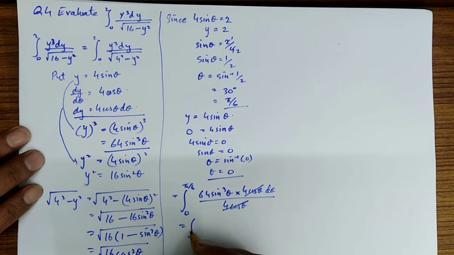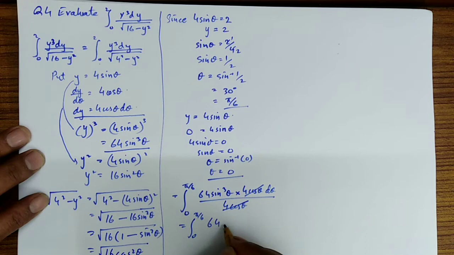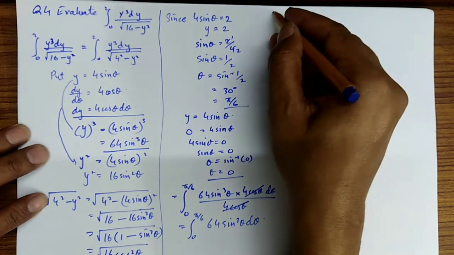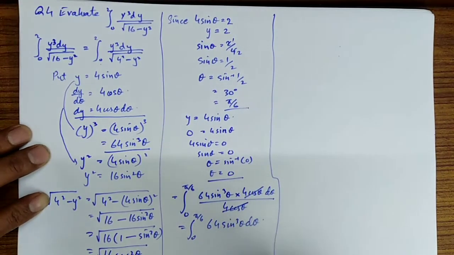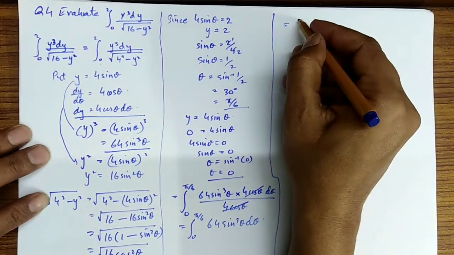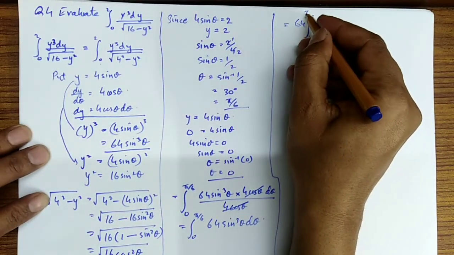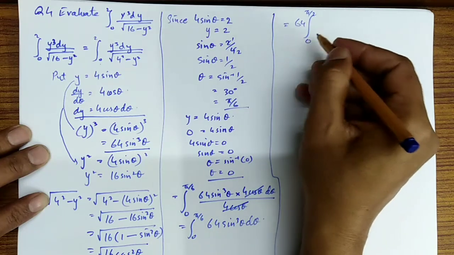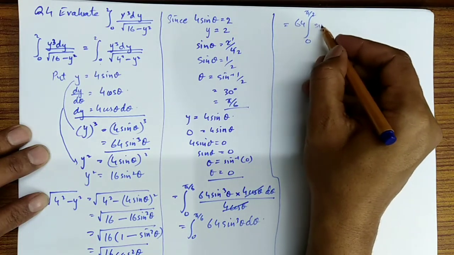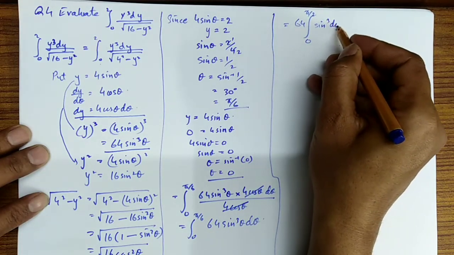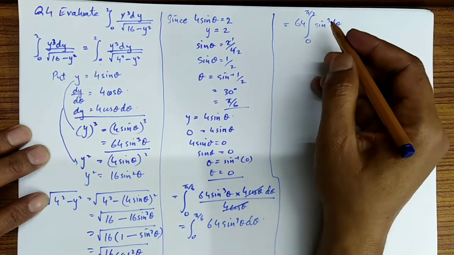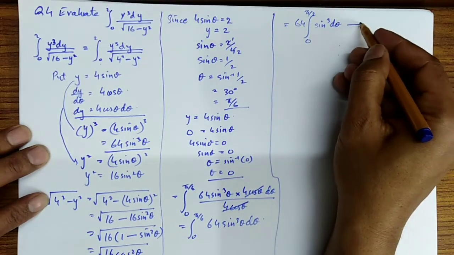This will give the integral from 0 to pi upon 6 of 64 sine cube theta d theta. Take this 64 as a common outside, 64 integral from 0 to pi upon 6 of sine cube theta d theta. Name this equation as 1.